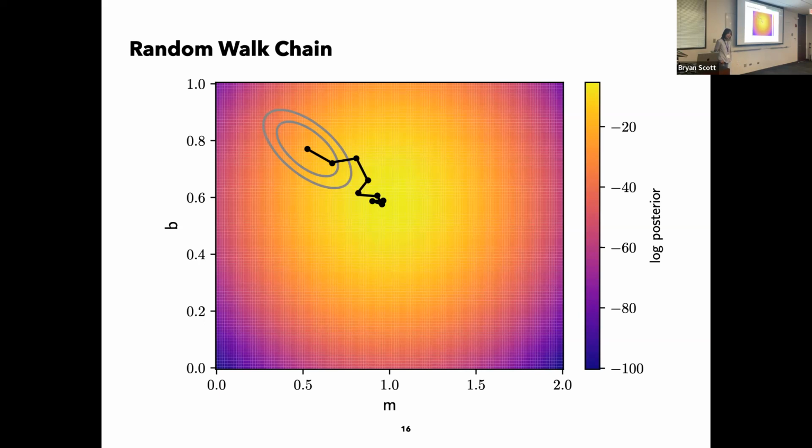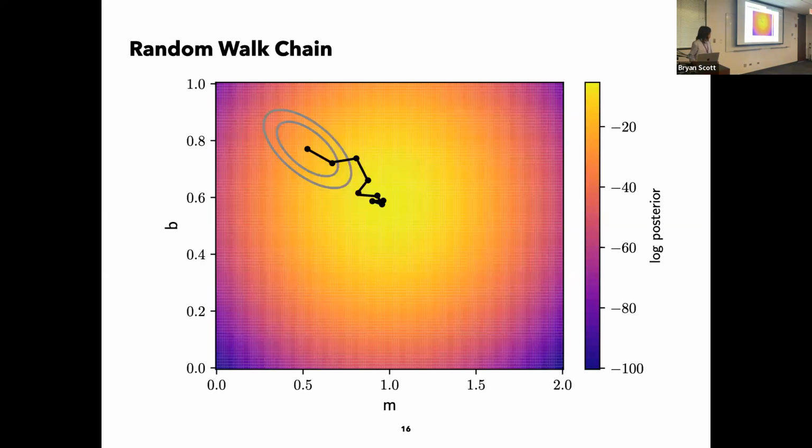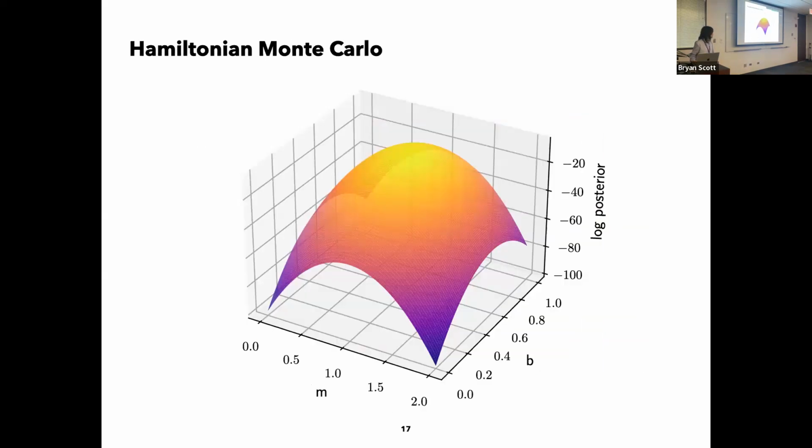Another, smarter, and the most commonly used way to make proposals nowadays is the Hamiltonian Monte Carlo algorithm. We still have our log posterior space. Now I just visualize it from 2D to 3D.